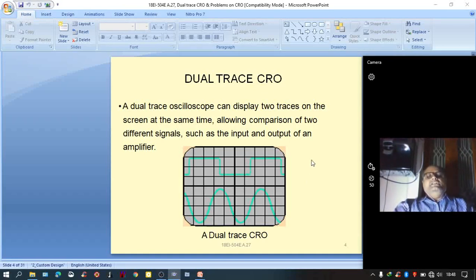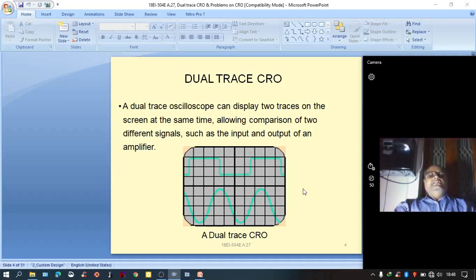That means there should not be any change in frequency, there should not be any change in phase angle, there should not be any change in wave shape. The only change that we expect at the output of an amplifier is the amplitude gain in the output signal.